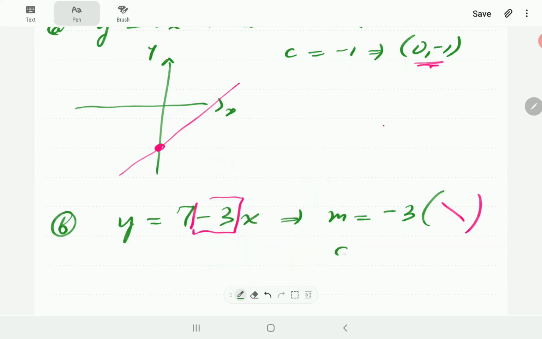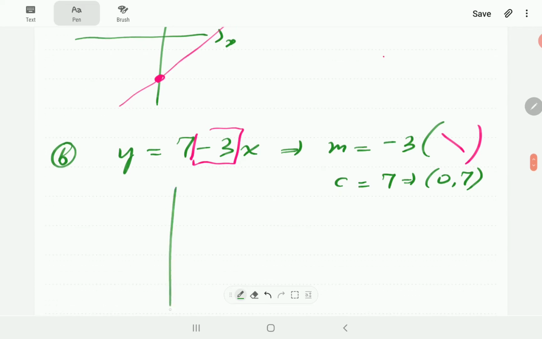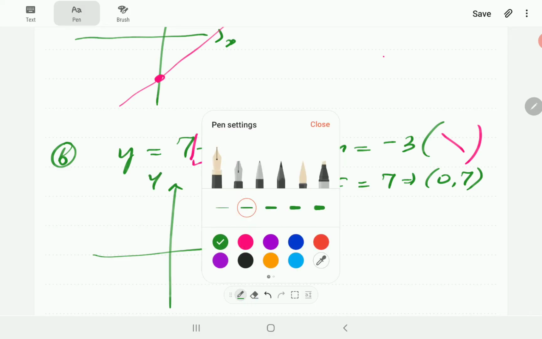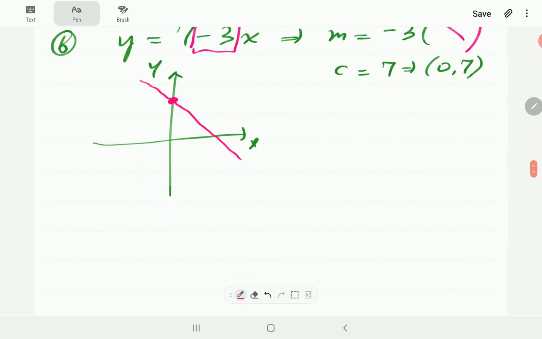And c, the constant, is 7 here, so we have (0, 7). From there we can now make a sketch of the line. First, start by locating the y-intercept. (0, 7) is going to be above the origin, and then this line is downsloping, so it is going to look something like that.